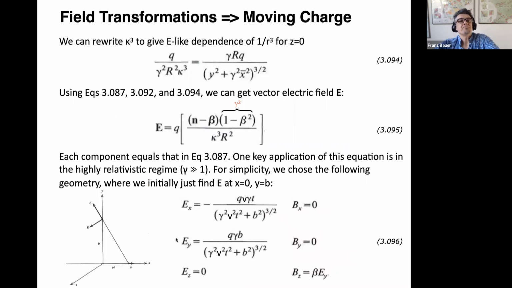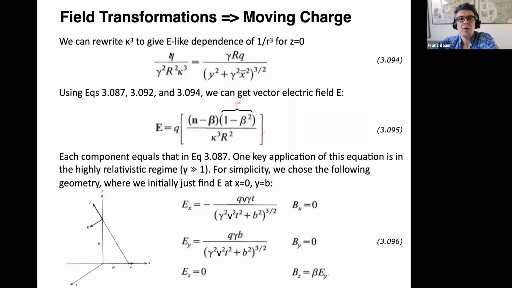So if we write this kappa to the third power, this kappa to the third power will give an E-like dependence, meaning it has a dependence of 1 over r cubed, if we go in the z, basically z equals 0.